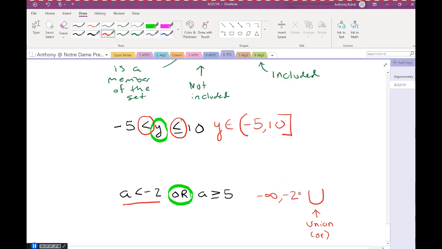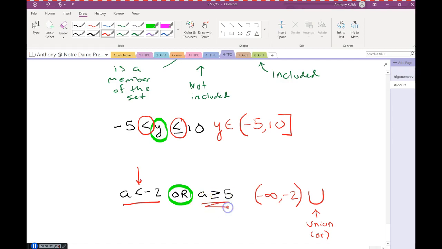Does the -infinity get a bracket or a parenthesis? Parenthesis. Does the -2 get a bracket or parenthesis? Parenthesis. So all the infinities get parentheses, and because it was a strict less than symbol, the -2 gets a parenthesis also.